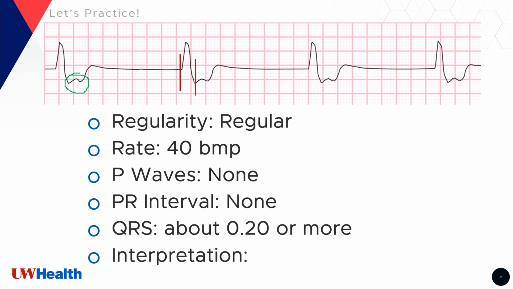But no matter where you measure, if I do the shortest possible measurement to the J point, that's still 0.2 or possibly even more, depending on how we determine what that little hitch behind the QRS is. So the interpretation of this rhythm, if we have a regular rhythm with a rate of 40, no P waves, no PR interval, and a QRS greater than 0.2, we're going to call this idioventricular.